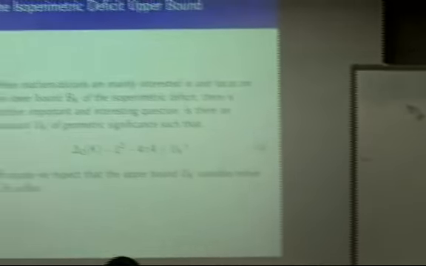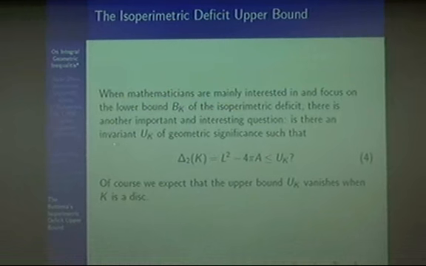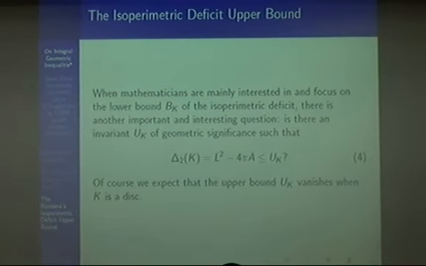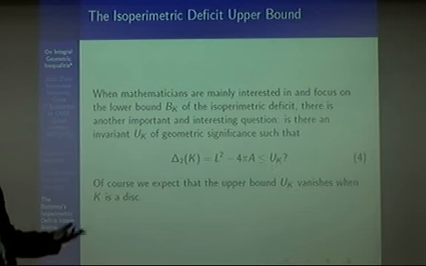There is another important and interesting question: is there an invariant U_K of geometric significance such that it is less than this upper bound? Of course, we expect that this B_K vanishes when K is a disk. If K is a disk, this must be 0, it's sure.